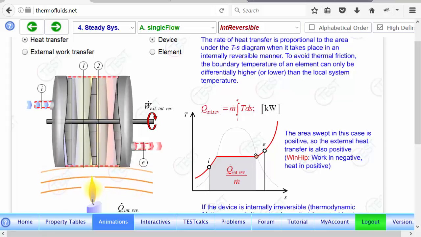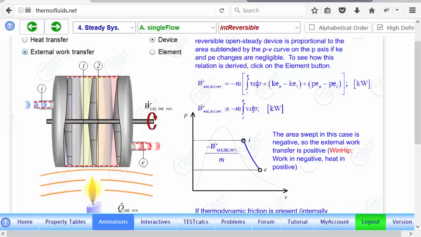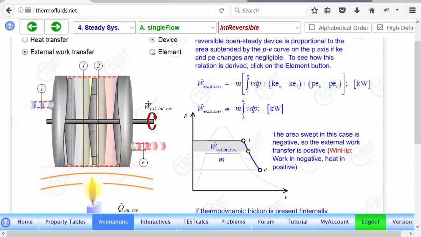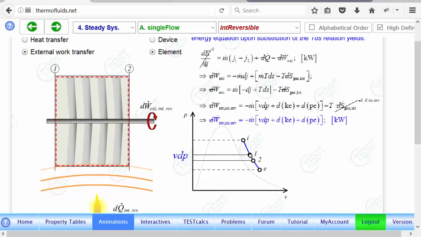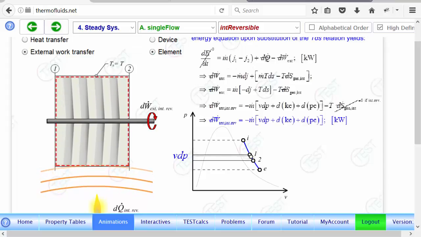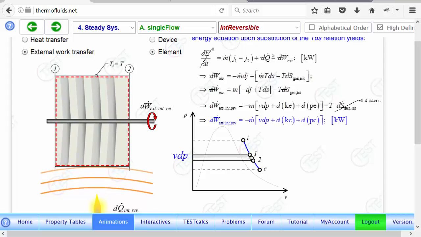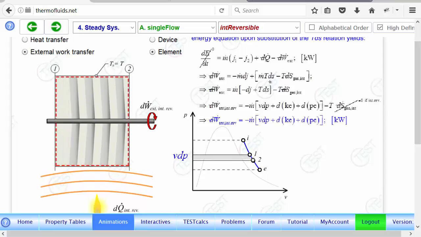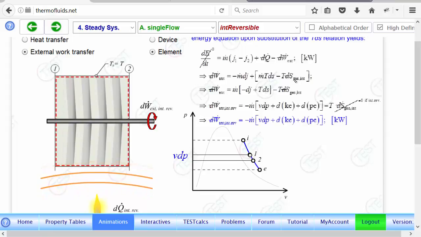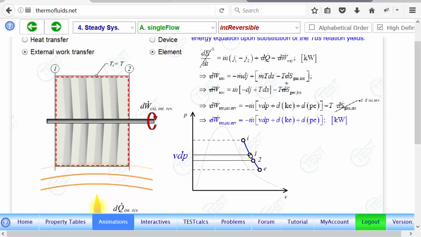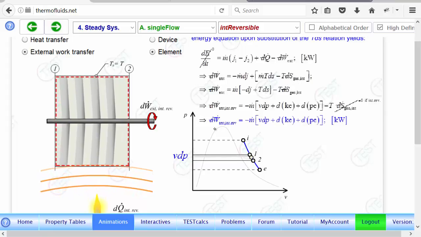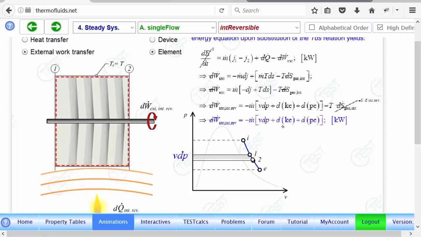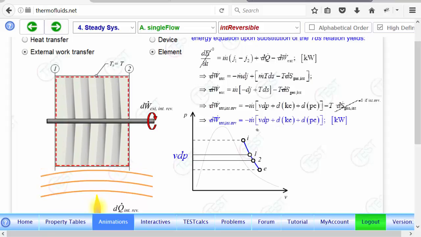Just like heat transfer has a graphical meaning, the external work transfer also has a graphical meaning. Again, if you go for an element the same way and use the energy equation and recognize that the work and heat transfers are differential amounts, because we are talking about a thin slice, and then we substitute the finding of the previous entropy equation and do some manipulation, we come up with a formula for the external work in terms of the PV diagram.